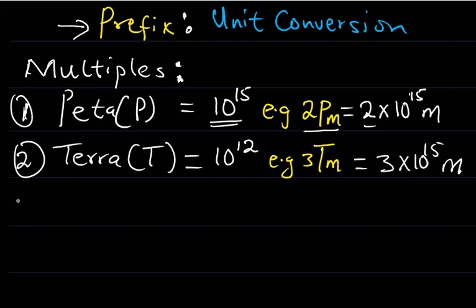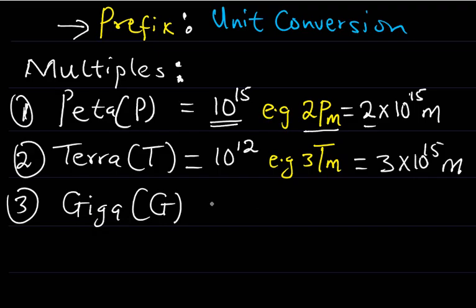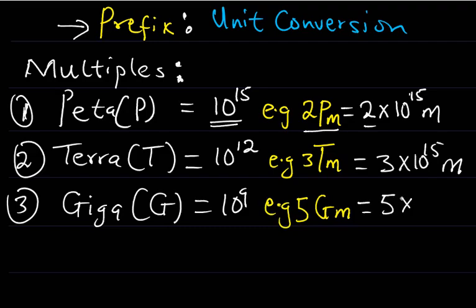Then number 3, now we have the giga, capital letter G. This is 10 raised to the power of 9. For example, let's say you have to convert 5 gigameter to meter. You are going to multiply 5 times 10 raised to the power of 9 to convert that to meter.